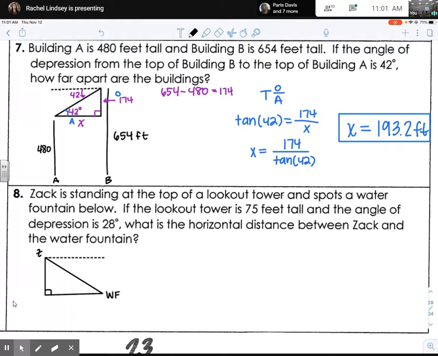If the lookout tower is 75 feet tall, this would be 75. That's the lookout tower. And the angle of depression is 28. What is the horizontal distance between that and the water fountain? Since it's horizontal, it's going to be the bottom. It's going to be that base.